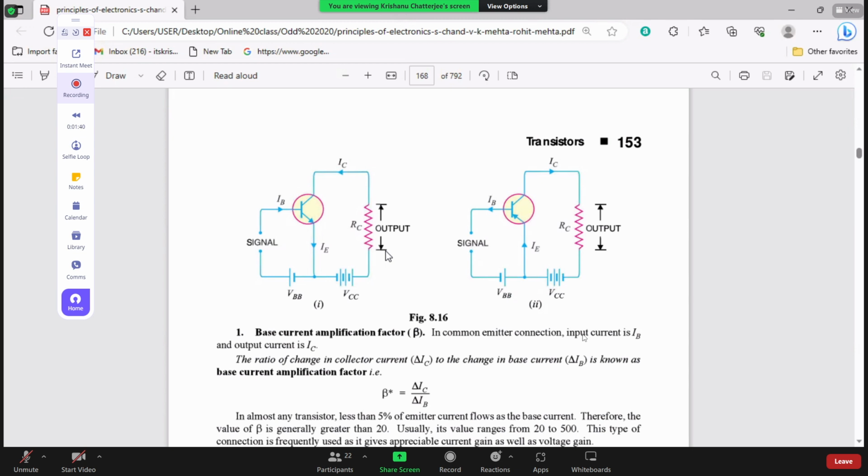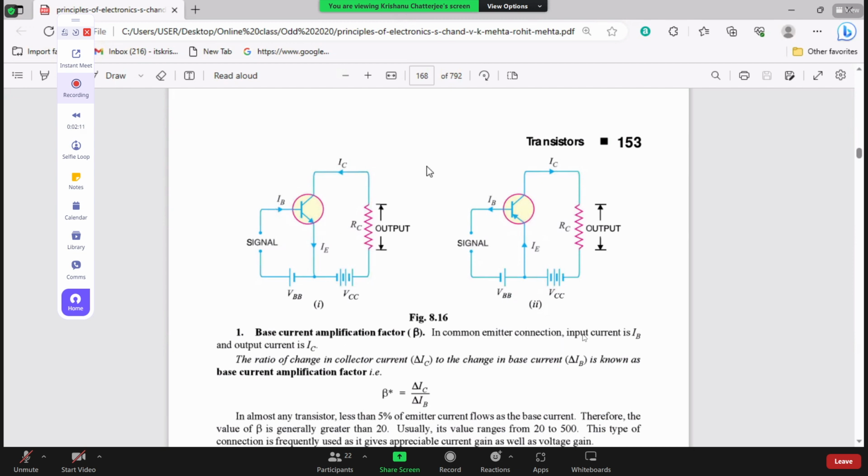Here we will be seeing the amplification factor, which is beta. The amplification factor is nothing but the ratio of the output current to the input current. Here the output current is IC and the input current is IB.